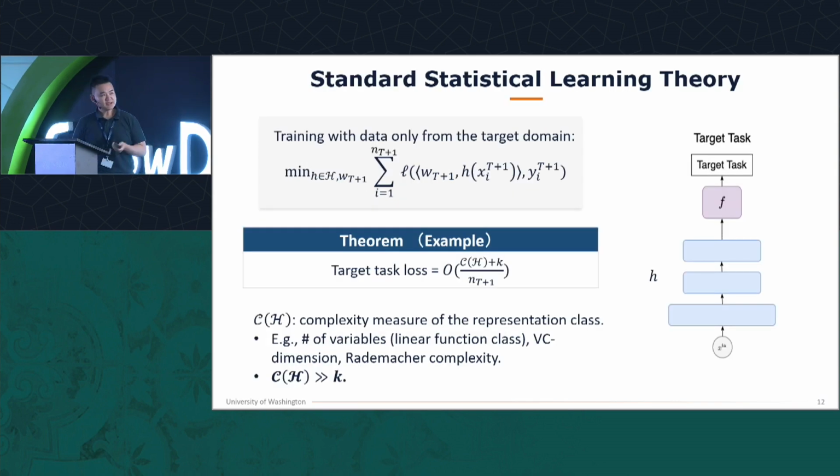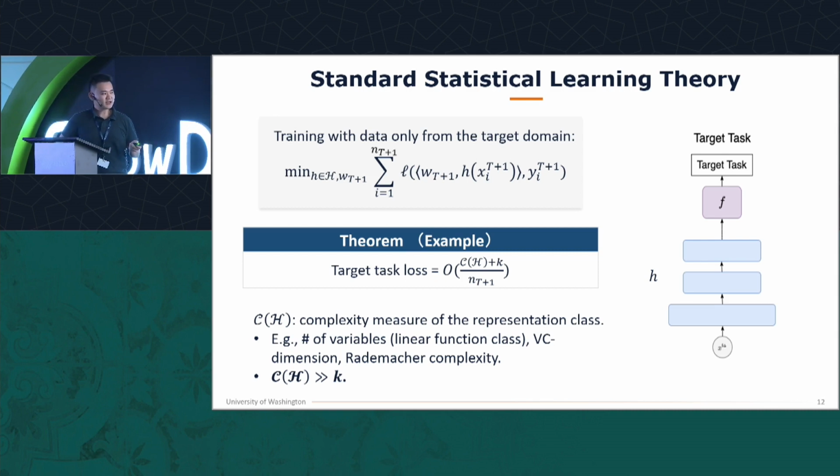All right, so let's first review what we know from classical statistical learning theory if you don't have representation learning. Suppose you only use the target task data. You will learn both the representation and the predictor together, and you solve this empirical risk minimization problem. What you can get is a theorem like this. Remember, for a target task, you only have N_{T+1} data. It's very small.